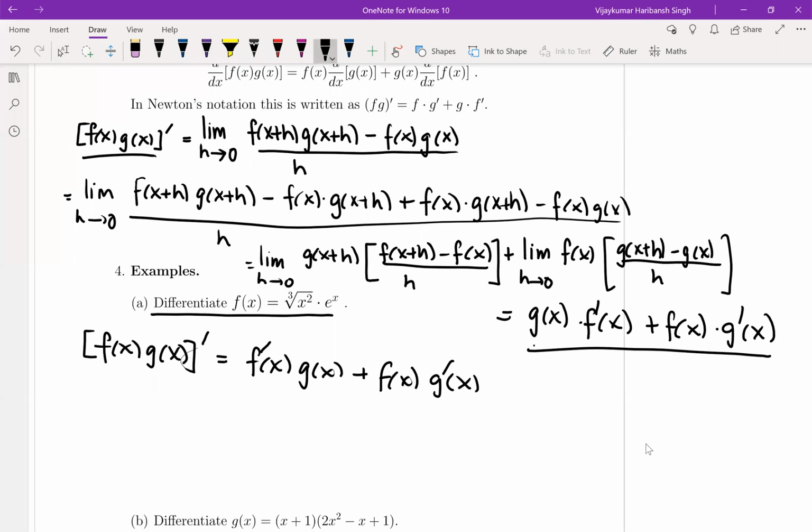So now in this case, the derivative of f(x), I'll write it as f', is going to be the first function as it is times the derivative of the second function plus e to the x times the derivative of the first function.